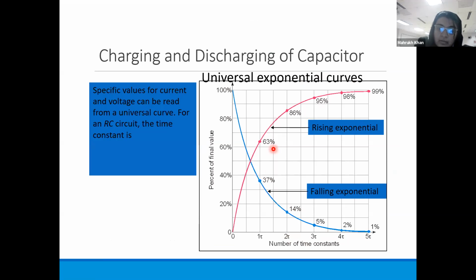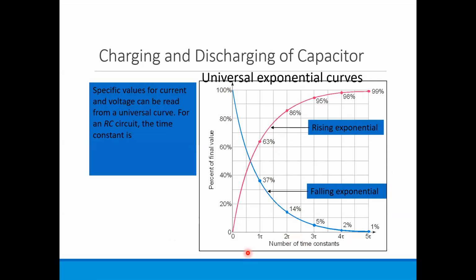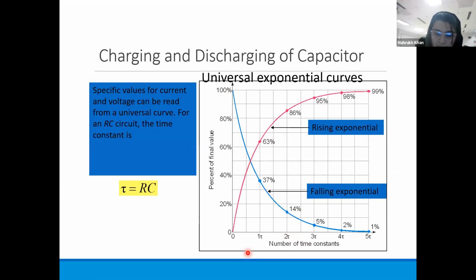There are two important things we should remember. So what is tau? What do you think? Do you know about that? Isn't that like R divided by C? It's RC, not R divided by C. Tau is RC. Yes, so it's the time constant. We call it the time constant.